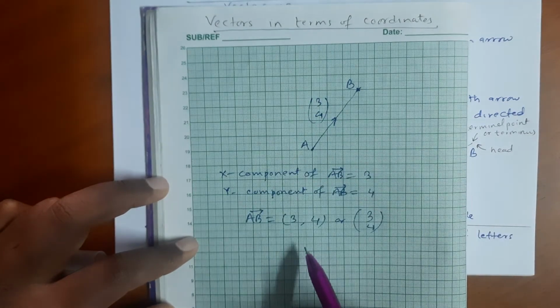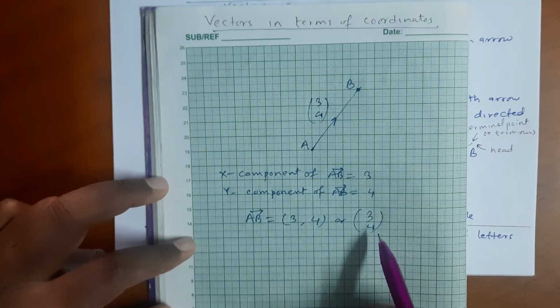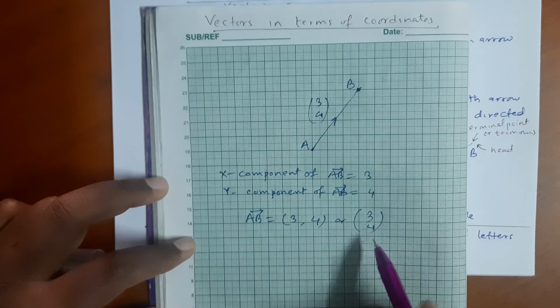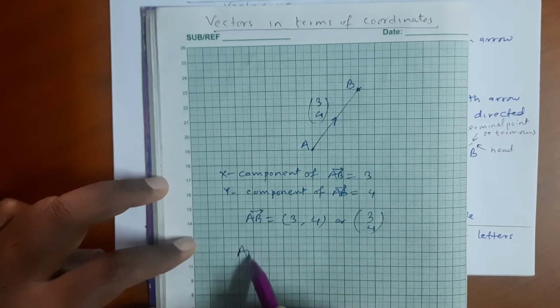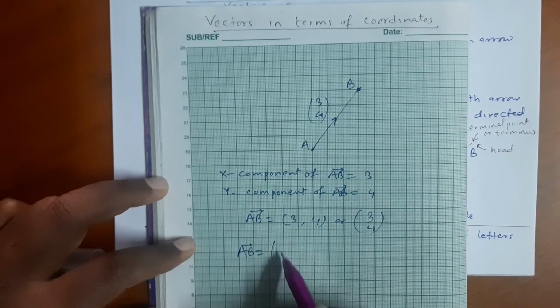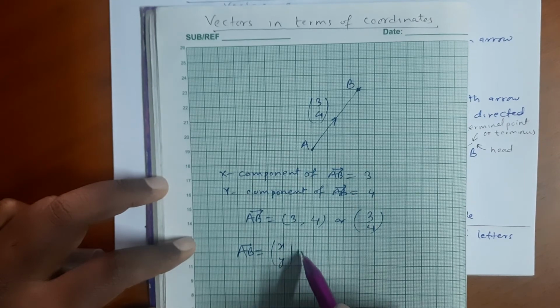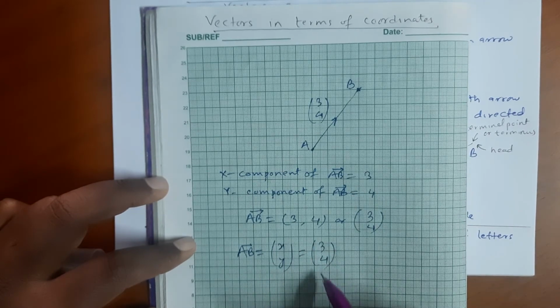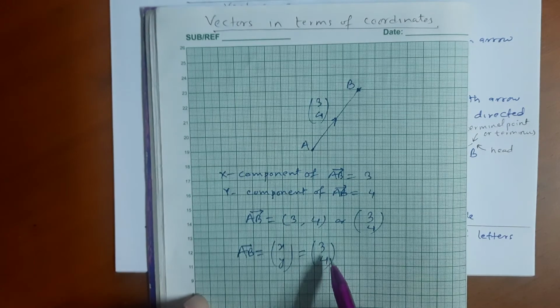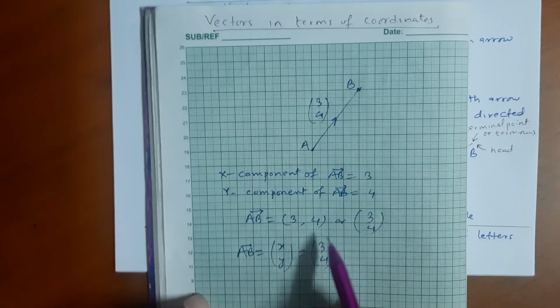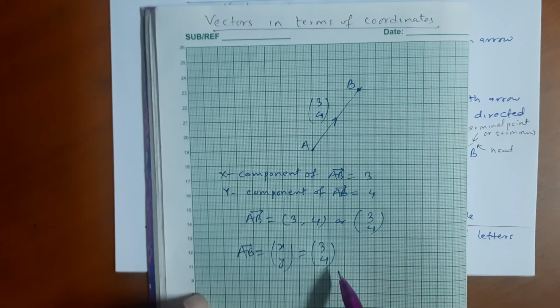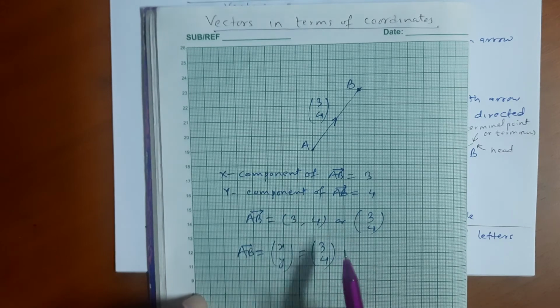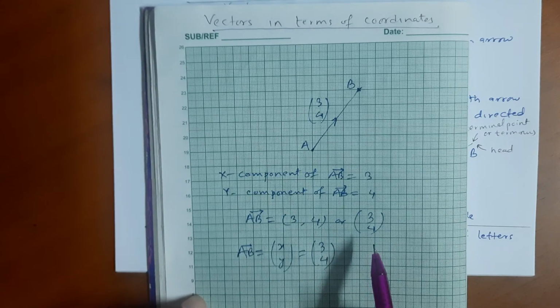That means its x component is 3 and y component is 4. That is AB equals (x, y) equals (3, 4). Just like writing coordinates, we write the x component first and then the y component. In this way, in terms of components, we can represent a vector.